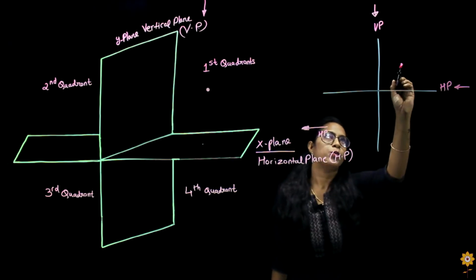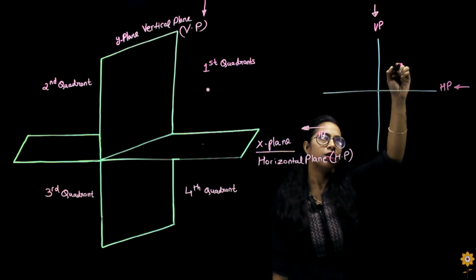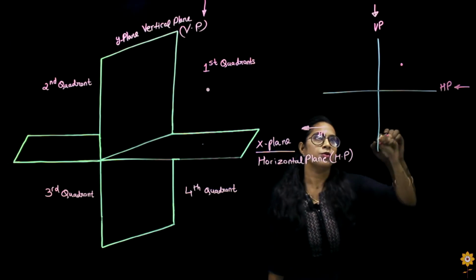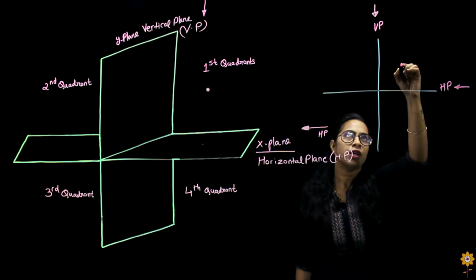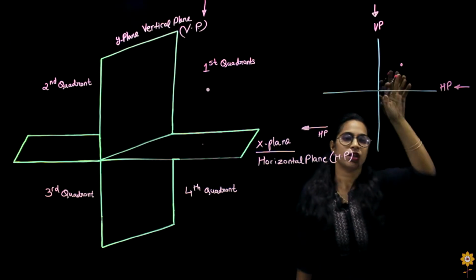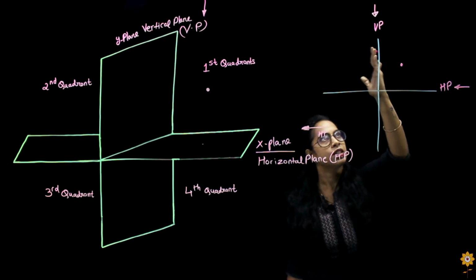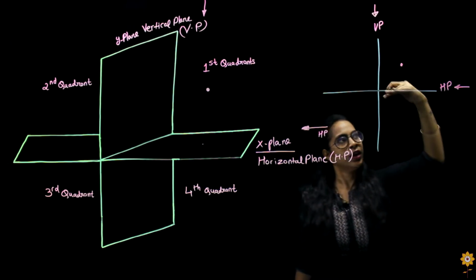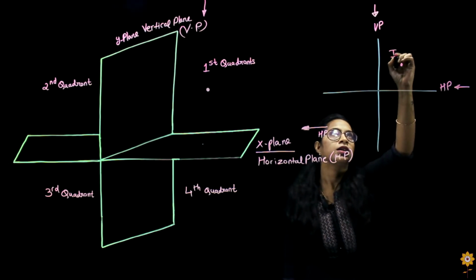So if I have an object here, how do I explain the location of the point in this quadrant system? When I have to explain this point with respect to this quadrant system, I'll call this: this point is in front of VP and above HP.